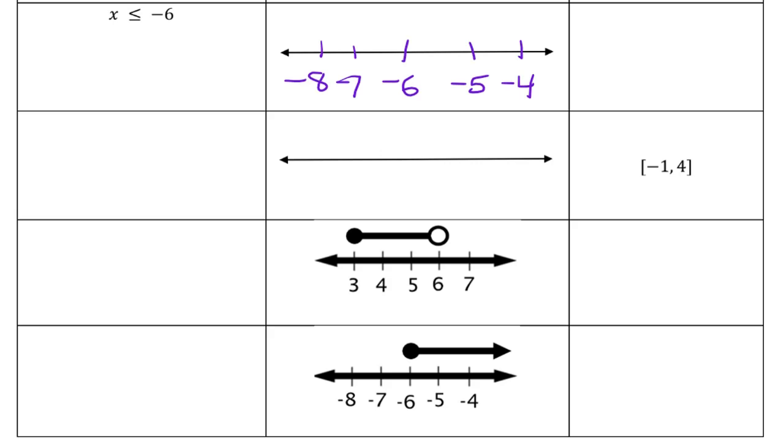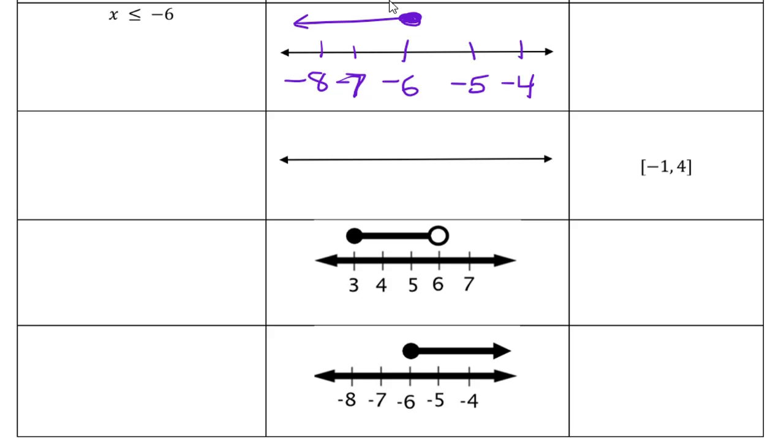And here I'm going to use a closed dot because my solution is equal to -6, but it's also less than. And because my variable is in the front, my less than arrow is pointing to the left, which goes this way.